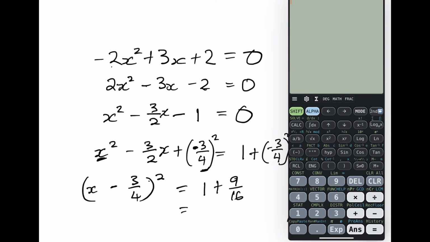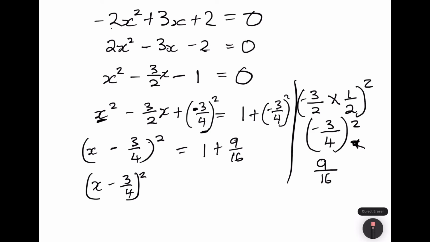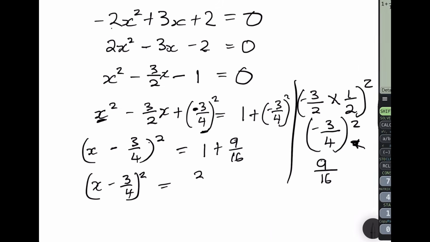So I'm going to say 1 plus 9 over 16. Okay, so that gives us 25 over 16. So I've got x minus 3 over 4 squared, which is equal to 25 over 16.